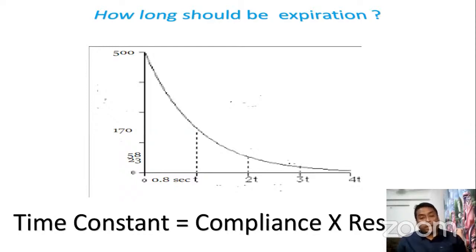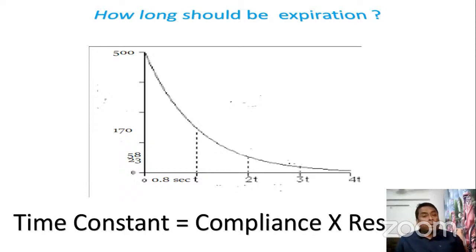In the next 0.8 seconds, another 63% of the tidal volume will be expired. So 58 ml of tidal volume will be left. Then after 3 time constants, a total of 2.4 seconds, the lung is almost completely empty.